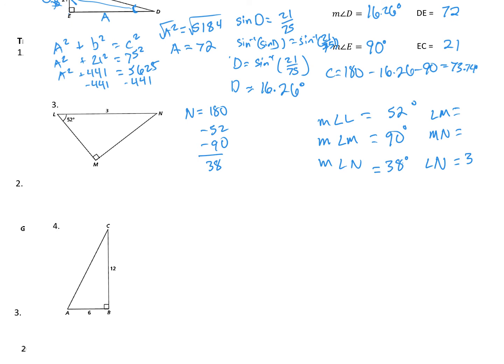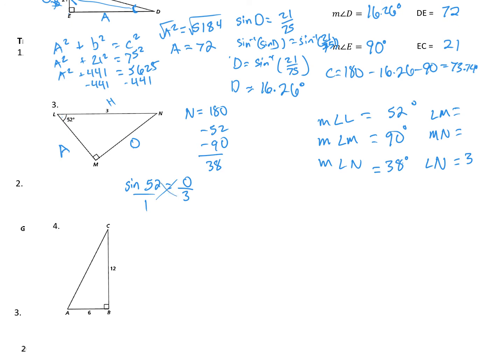So now we just got to pick one angle. We got an angle. Let's do this as an opposite. This is adjacent, and this is my hypotenuse. So I have an opposite and a hypotenuse. That means I'm going to use sine. So sine of 52 must equal my opposite over my hypotenuse, which is 3, divided by 1.